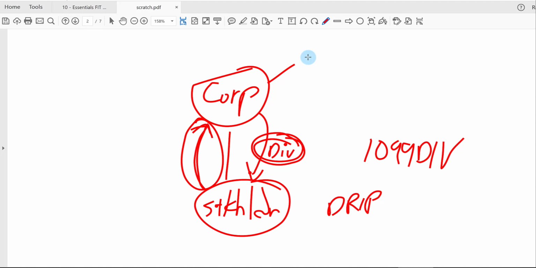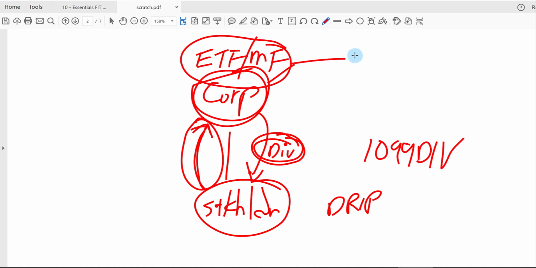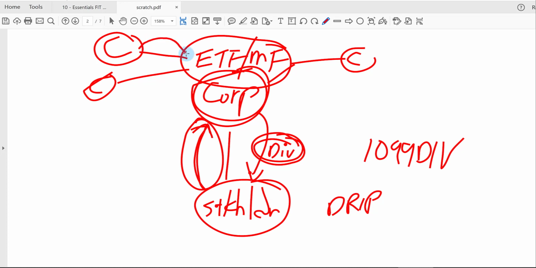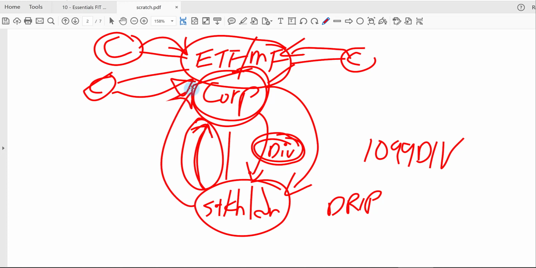A possibly more common situation: instead of investing in a single corporation, to diversify, many people will invest in what we call exchange traded funds or mutual funds, where the entity invests in many corporations. Yeah, dozens of different corporations to diversify, and these corporations will pay dividends to the fund, and in turn, the fund will pay dividends to the shareholder, and most shareholders will reinvest into that fund.